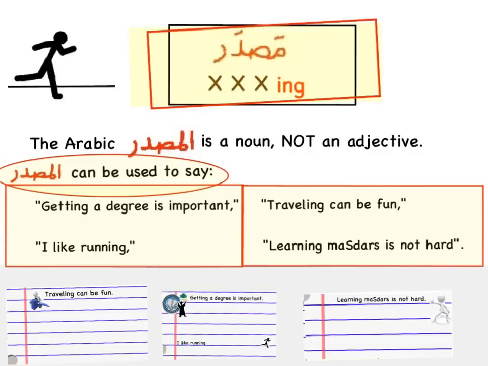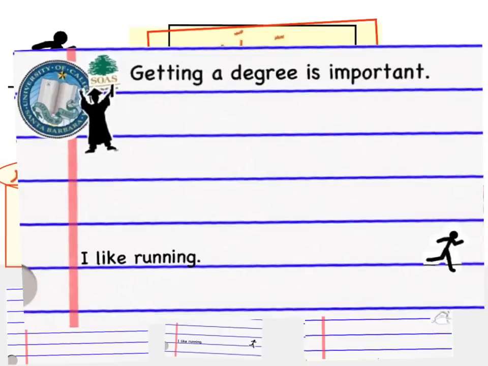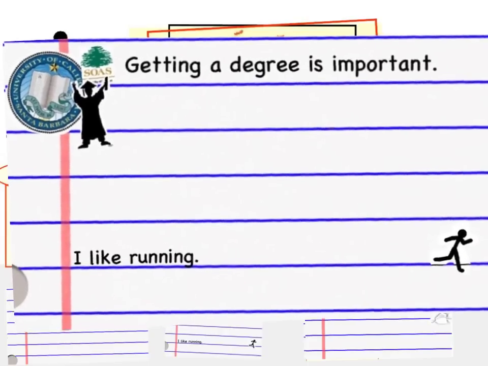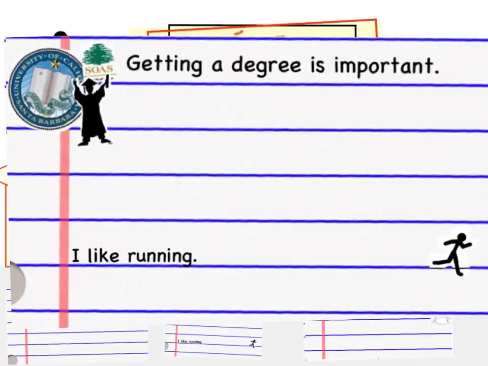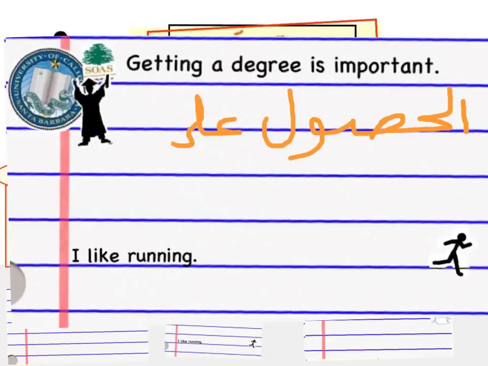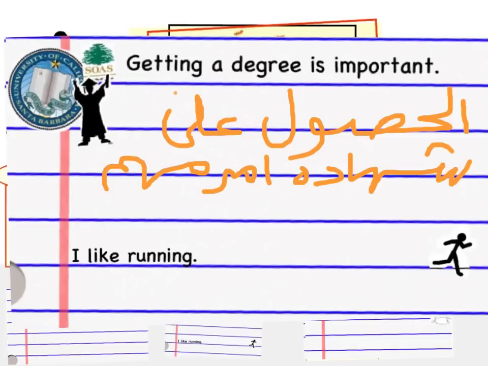Let's look at the first example. Getting a degree is important. That's so true. So, getting a degree is important is in Arabic الحصول على شهادة أمر مهم.